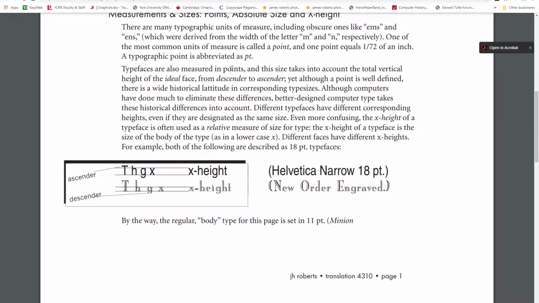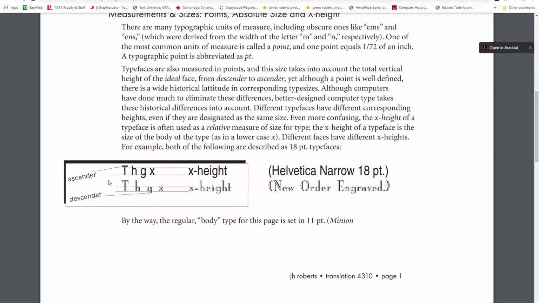But the point size takes into account the total height of the ideal typeface from descender to ascender, and although it's well defined, there's a wide historical latitude in the corresponding type sizes. Okay, so though computers have done a lot to make things standard, different typefaces have different corresponding heights, even if they're designated the same size, based on what the designer wants.